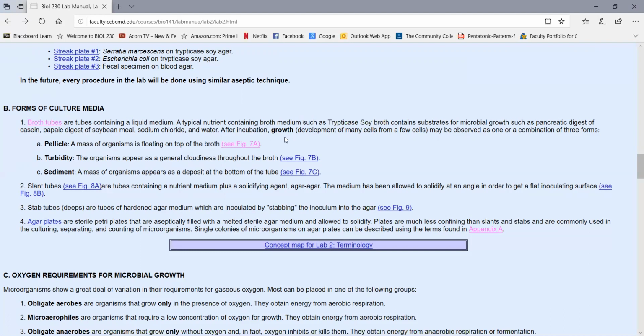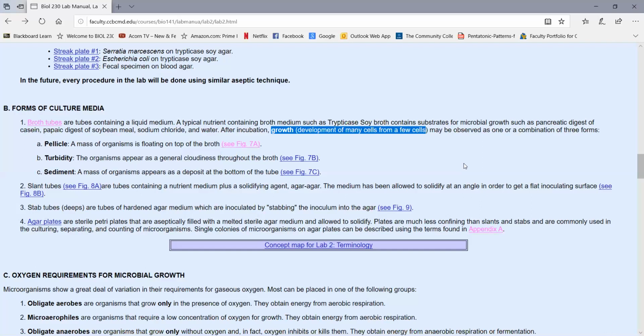Now, after incubation, we're going to look for growth. And growth is the development of many cells from a few cells. And there are three forms of growth that we can detect in a broth culture. Now, often it's a combination of two or more of those forms, but we need to be able to recognize those, and that's one of your two practical questions.